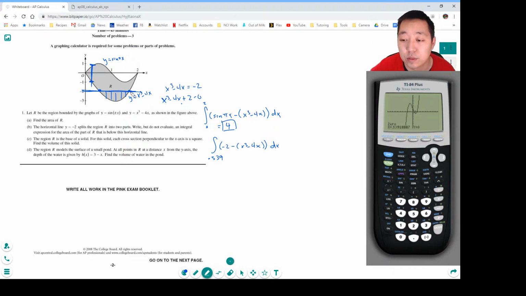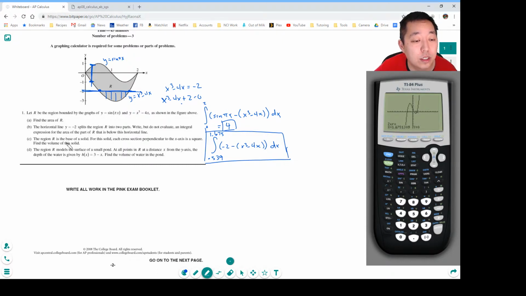X equals 0.539. Okay, so let's calculate the other zero. That's the left bound, that's the right bound, make that the guess. Up to 1.675. Okay, so that is that one.